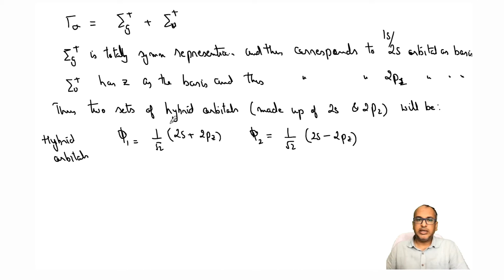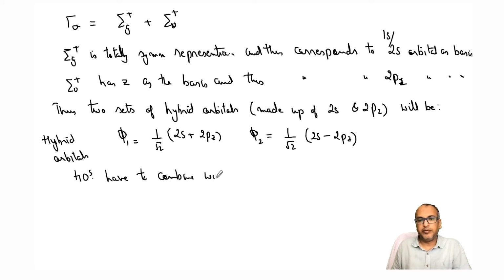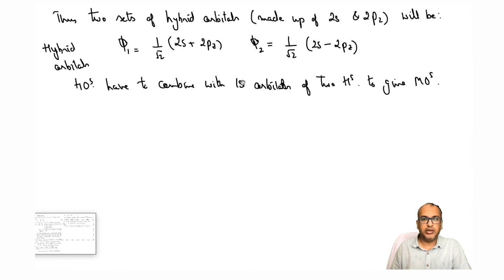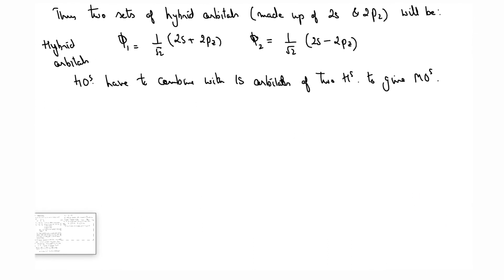Now we know that these hybrid orbitals have to combine with the 1s orbitals of the two hydrogens to give you molecular orbitals. Let's see how that works.